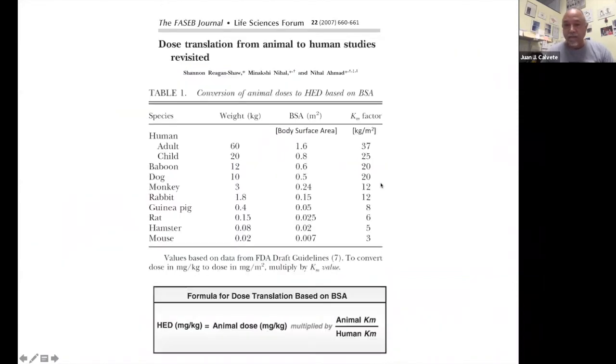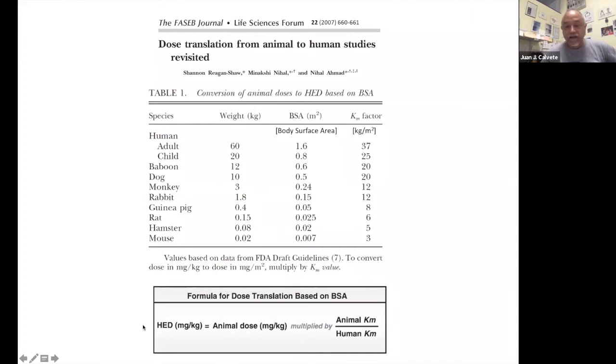So many people have studied this relationship and have come up with a formula for scaling data that have been gathered in an animal to human. Translating an LD50, for instance, that has been gathered in mice to human is very simple.